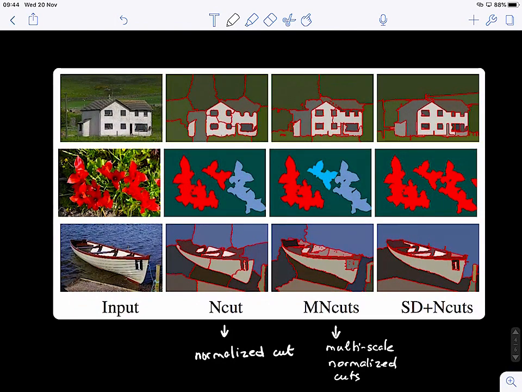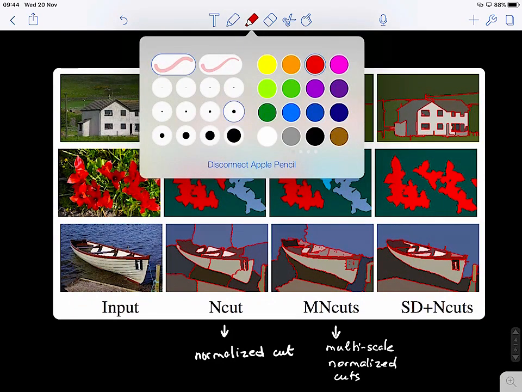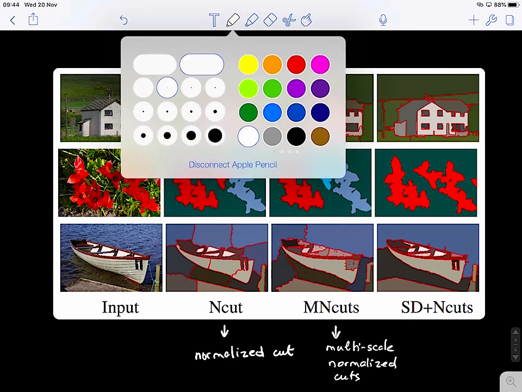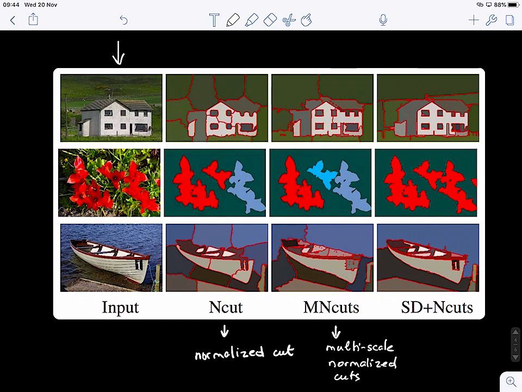I will give you 4 images. You will look at the images. For example, this is the input image right here. It's a house. And what you will do is run a simple algorithm based on a Euclidean similarity matrix. So you'll define your W in a basic, simple way.